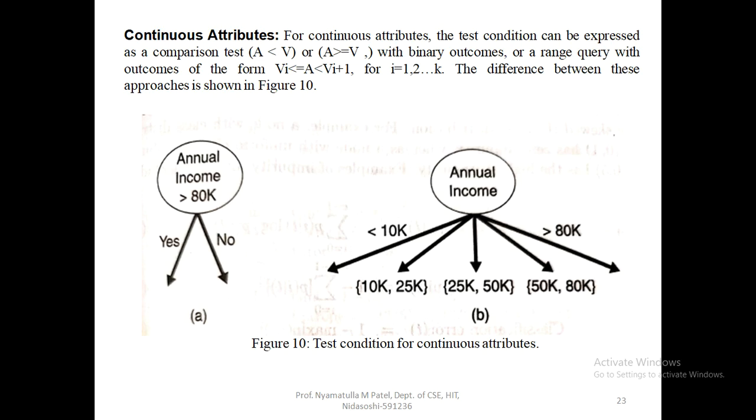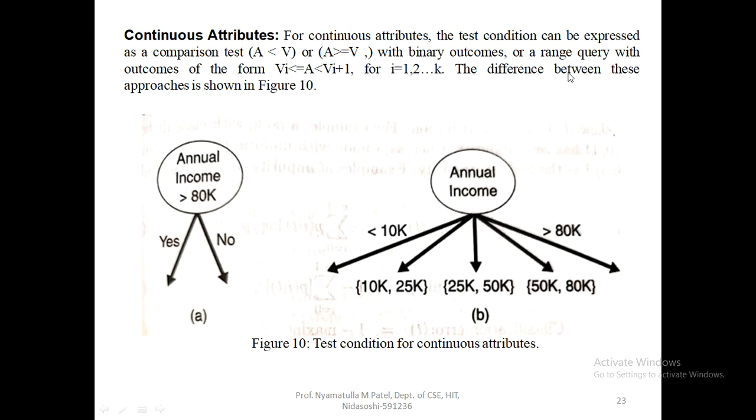The comparison test condition is less than, or greater than or equal to, or it may be a range query. For a range query, the value of A ranges between V_i and V_{i+1}, for i equal to 1, 2, 3 up to k.